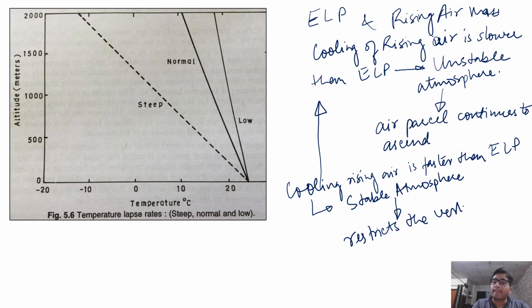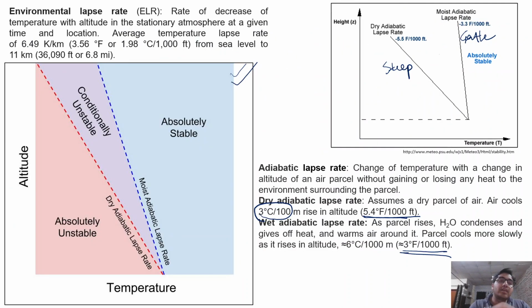of air passing. So if you see over here in this case, once the moist adiabatic lapse rate is there, then here the atmosphere is absolutely stable, while once the dry adiabatic lapse rate is there, then it is absolutely unstable.